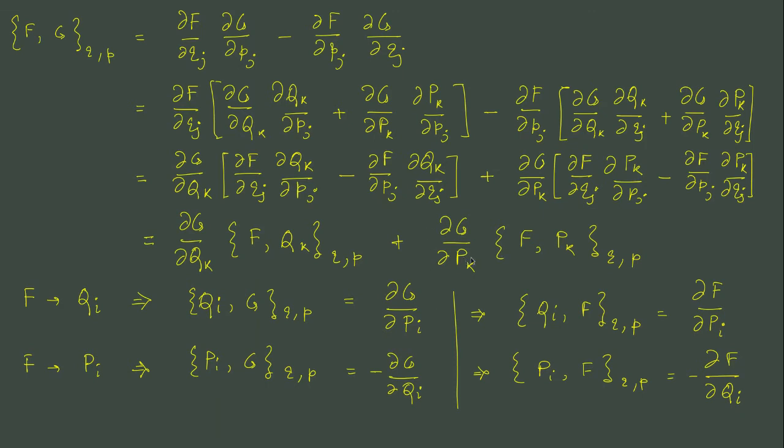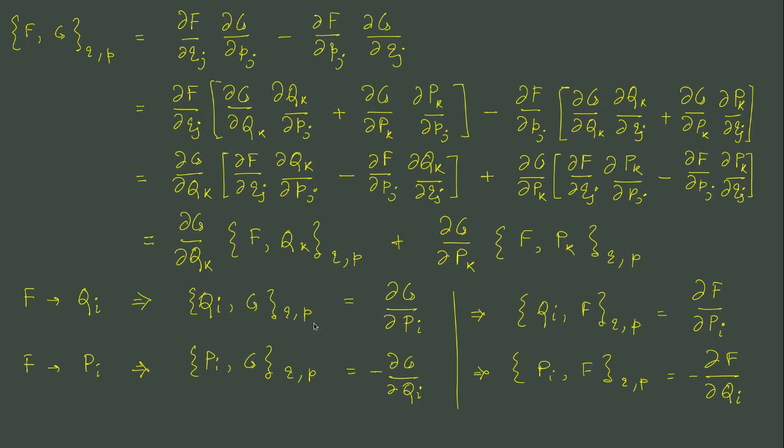We must not forget that there is a sum over k. That will give us del G del Pi. So the Qi, G bracket is equal to del G del Pi, and similarly the Pi, G Poisson bracket gives you minus del G del Qi.